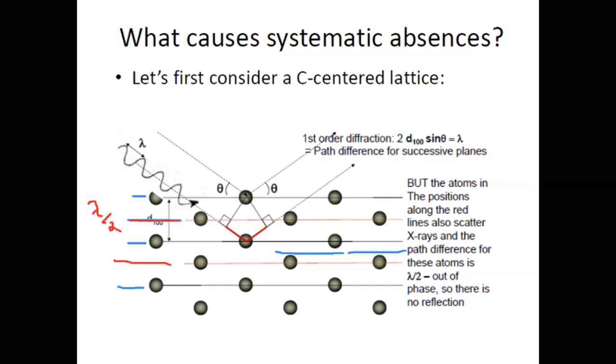And lambda over 2, as we learned yesterday, is out of phase. So there's no reflection. These become systematically absent, because the n lambda are in phase, while the lambda over 2 are out of phase because they don't adhere to Bragg's law. Therefore, they're systematically absent.